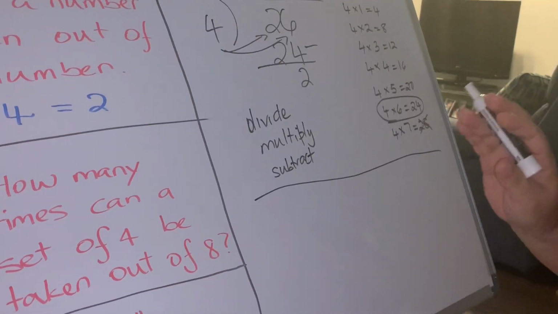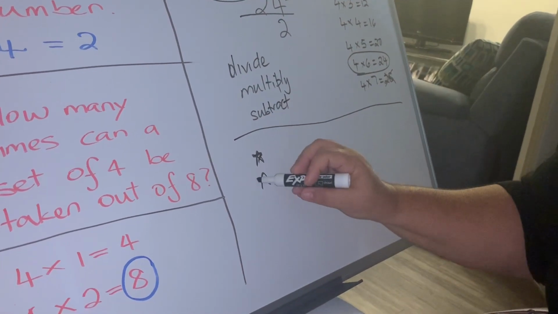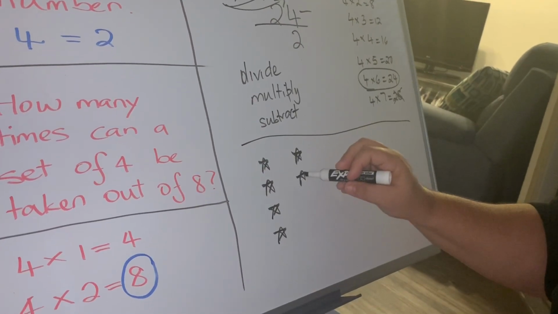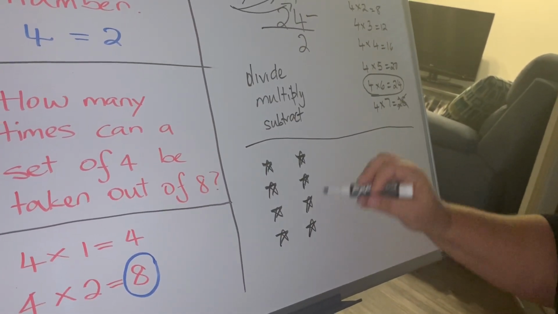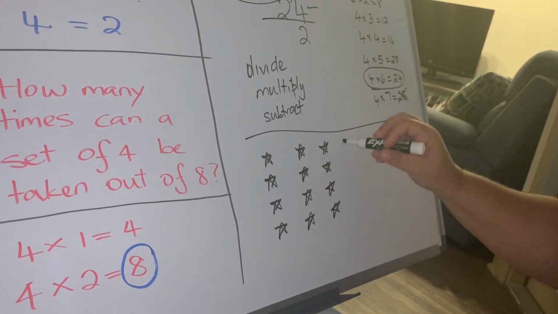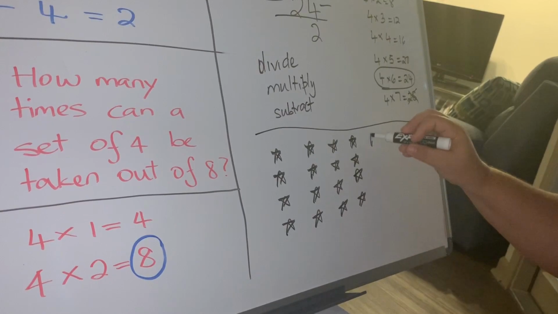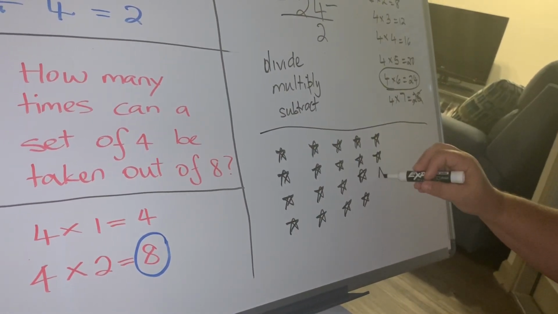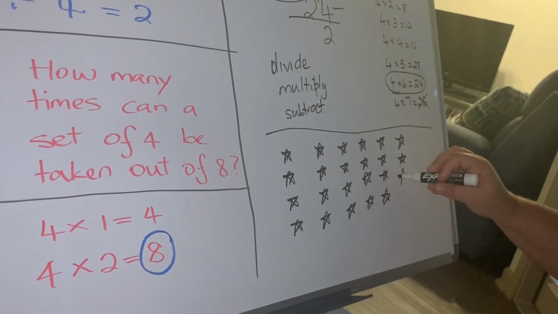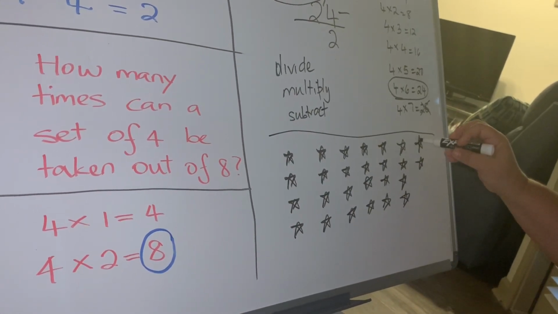Now remember, we create sets of 4 to make life easy for ourselves. Ready? 1, 2, 3, up to 26.